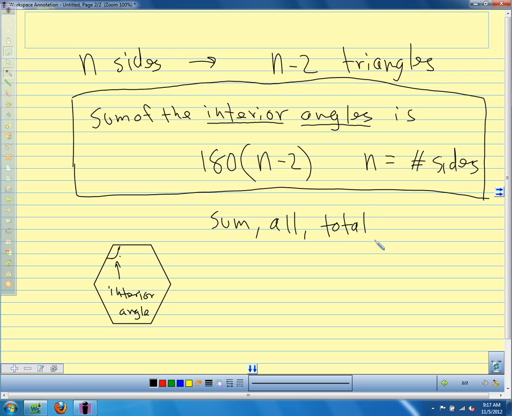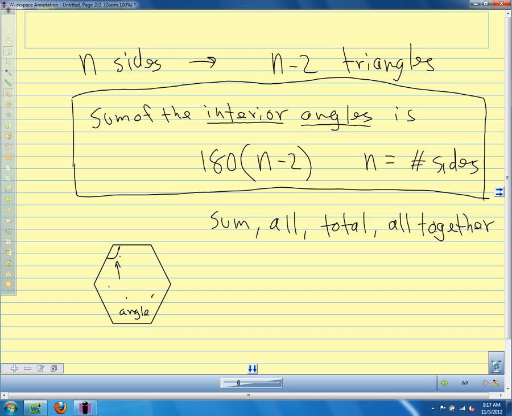Total. All together. So when you see words like this, the sum, all, total, all together, they are talking about all of them added together. And this is the formula that we would use to figure out the sum of the interior angles.